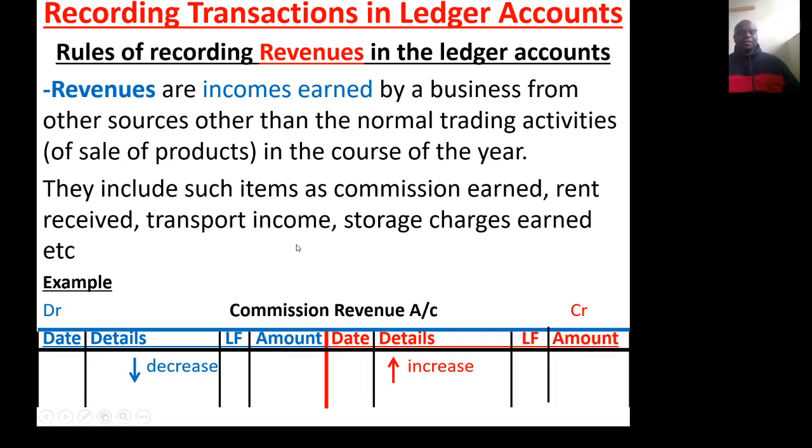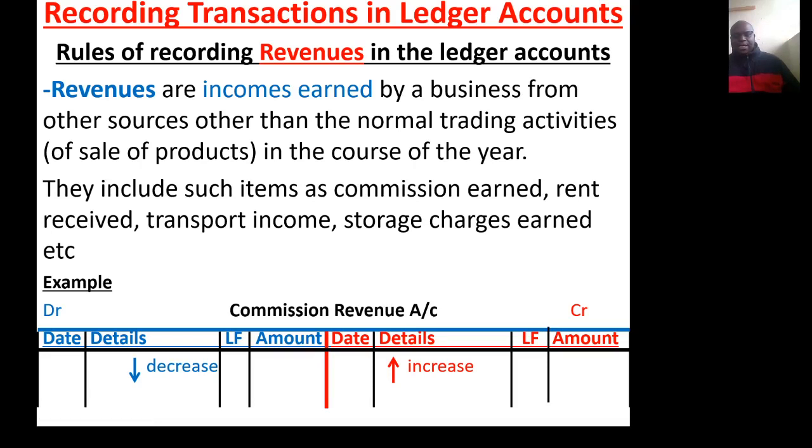So transport income, storage charges, etc. So when we look at an example, commission account, for all revenue accounts, besides the title, commission, rent, transport, etc., you have to add another term, revenue, income, or receivable, to differentiate that with the expense accounts because they take the same names, commission, rent, etc. So when you add this revenue or receivable or income after commission or rent or whatever, we will know that that is a revenue account where we are receiving money.